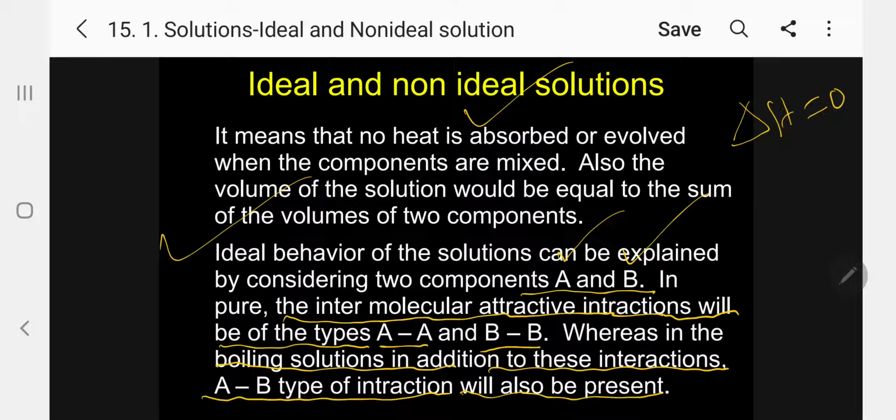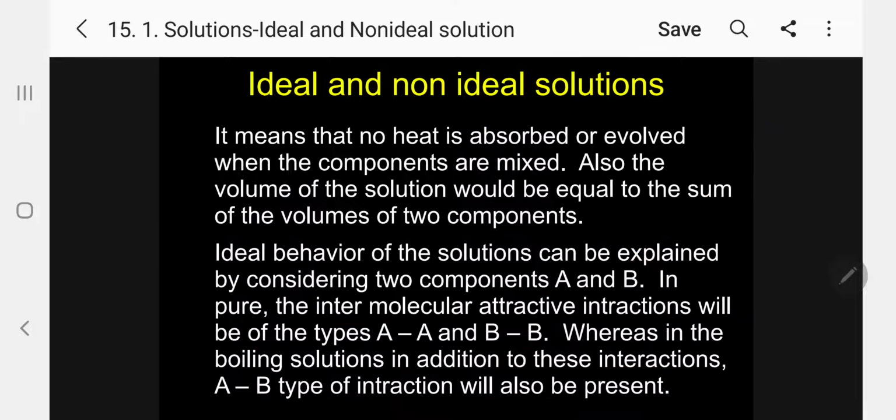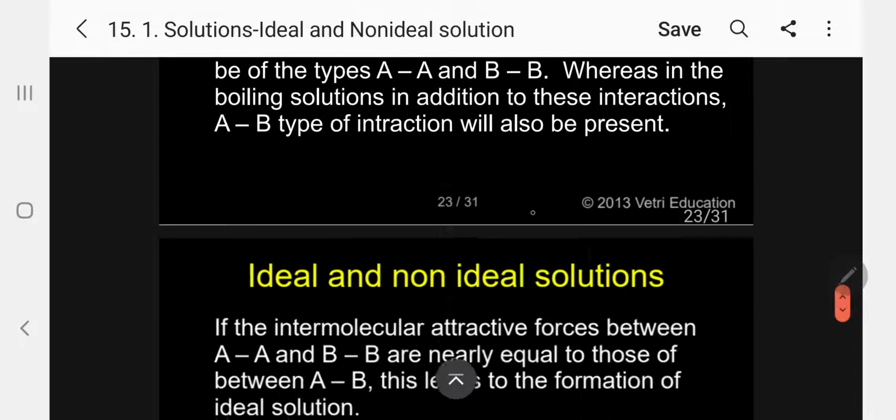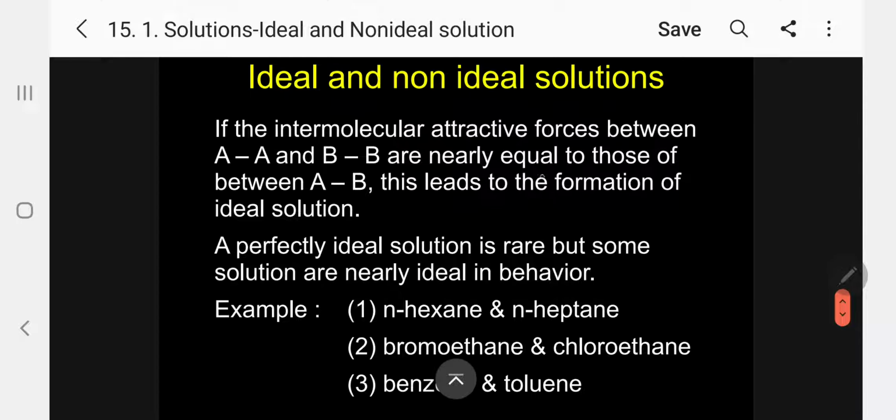So when we are mixing the two solutions A and B, there is AA interaction, there is BB interaction, and also there is AB interaction. We have to compare the strength of these three. Based on that, we will classify what is ideal and what is real. Kindly follow now.